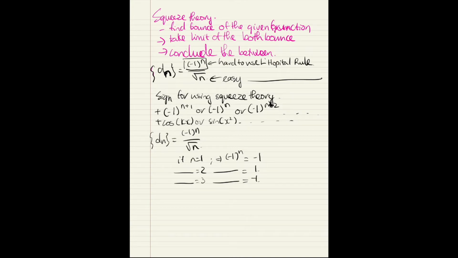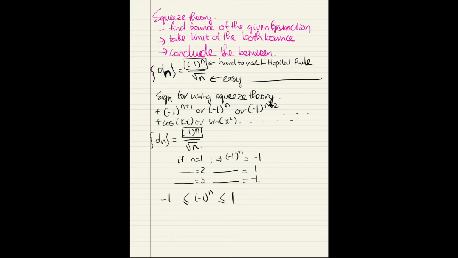You can see the top function, the numerator, is just bouncing between -1 and 1. So now we set up -1 is less than or equal to (-1)^n, which is less than or equal to 1. Okay, can you guys still digest it?